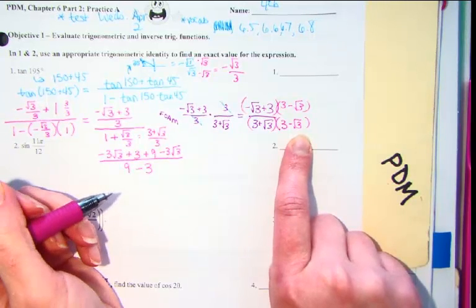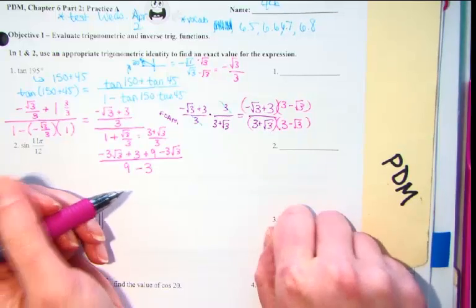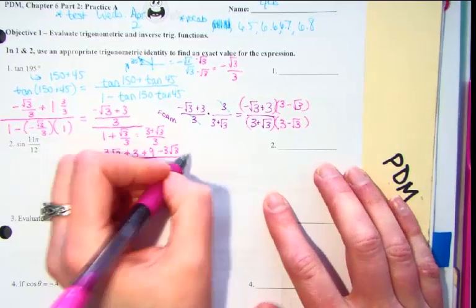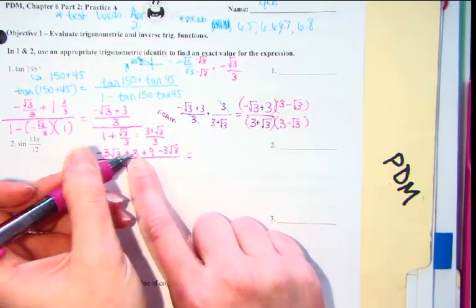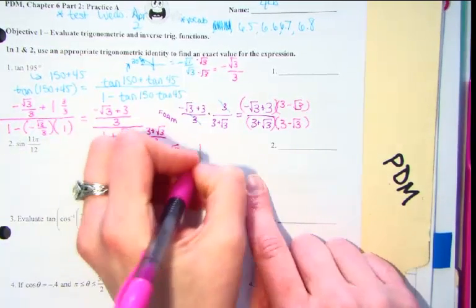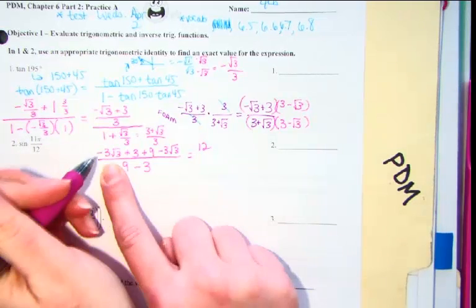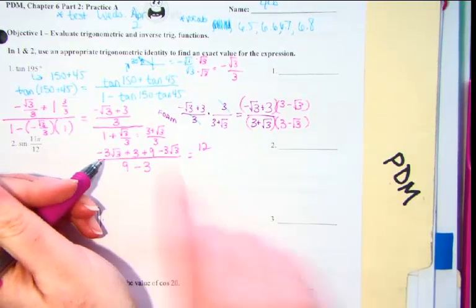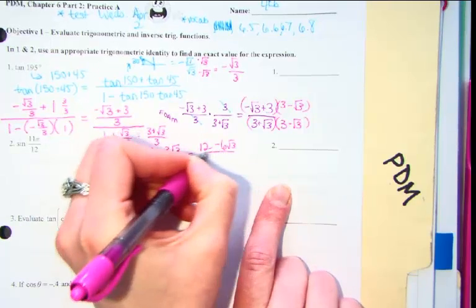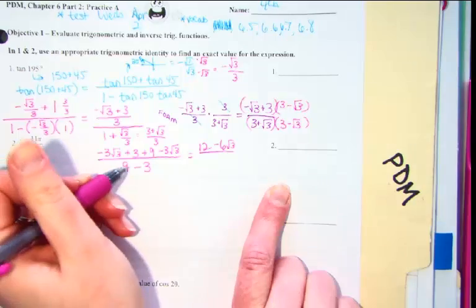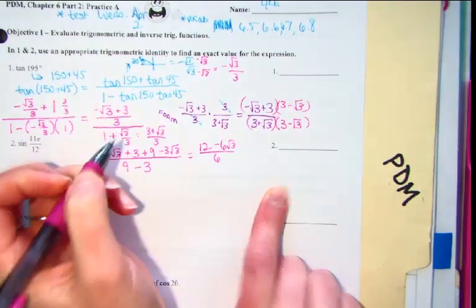Good. Positive times negative is a negative. Root 3 times root 3 is 3. Let's combine. In my numerator, I see I have 3 plus 9. I'm going to add these two together first. That's 12. Negative root 3, and I'm subtracting 3 more, negative 6 roots of 3. And in the denominator, 9 minus 3 is 6.